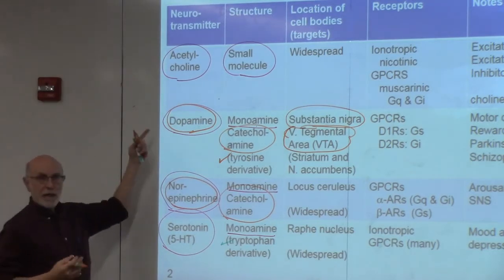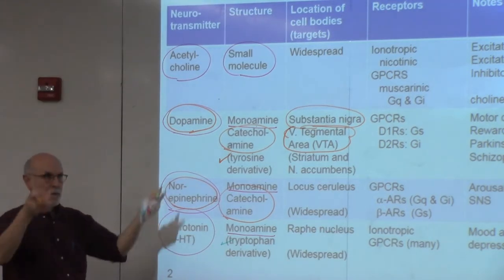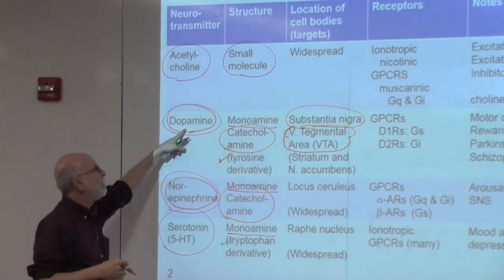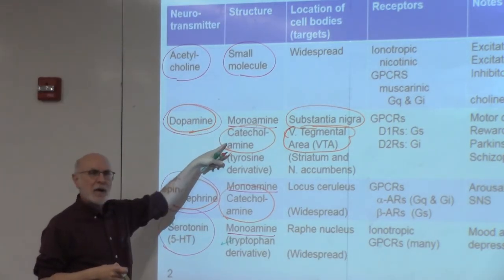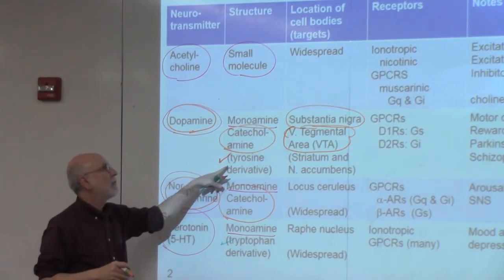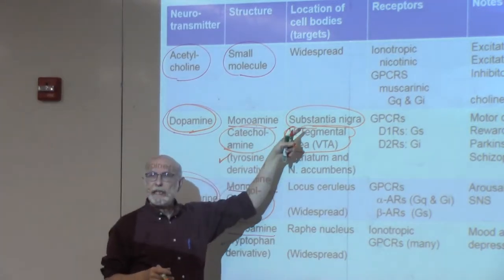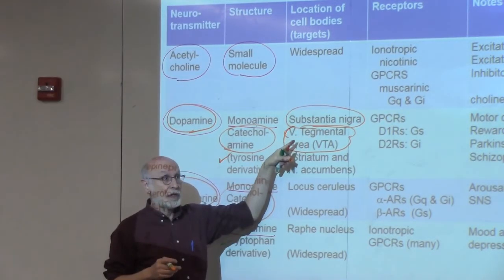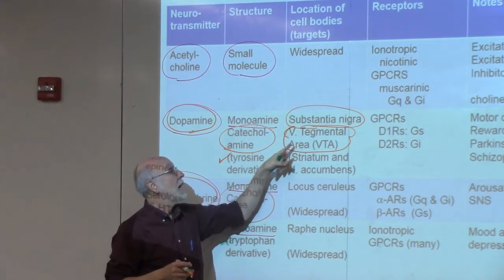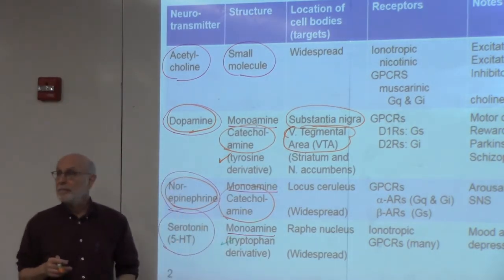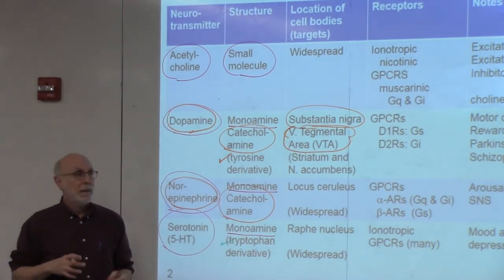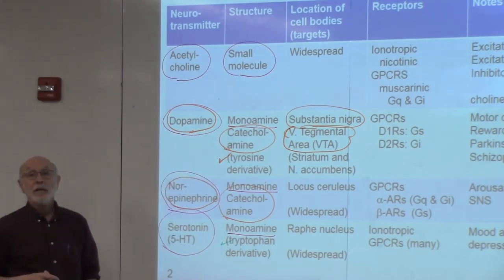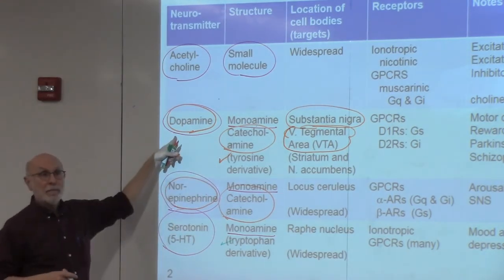When you think about dopamine, I want you to be making these neural connections in your brain. Dopamine is a monoamine that is a catecholamine, which means it's a tyrosine derivative. And cell bodies of dopaminergic neurons are localized in the substantia nigra and the ventral tegmental area. That's a sentence that summarizes what I just circled in orange, at least with regard to dopamine.